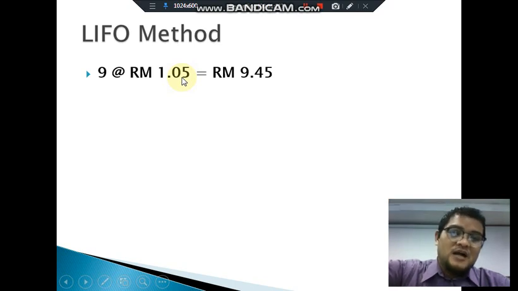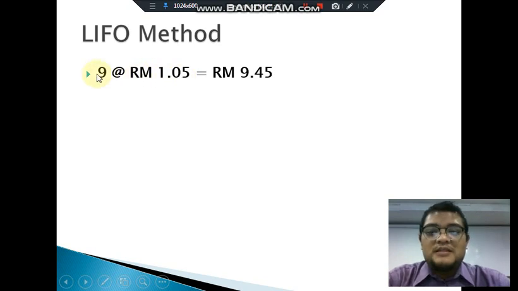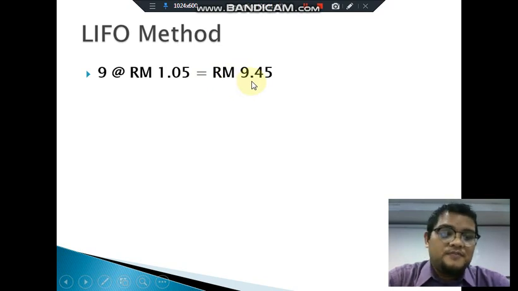In first out, whatever remaining is the latest one you put. But in the LIFO method, whatever is remaining is the first one that you put, because last in first out. So you just multiply 9 by 1 ringgit and 5 cent. So your value of 9 cans is 9 ringgit and 45 cent.